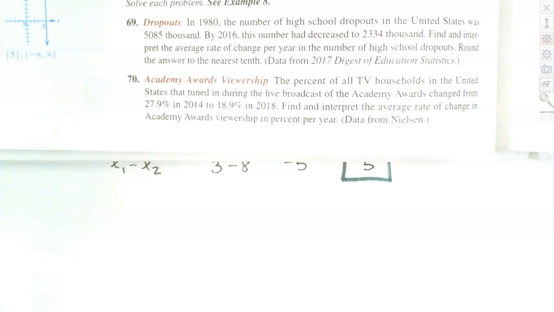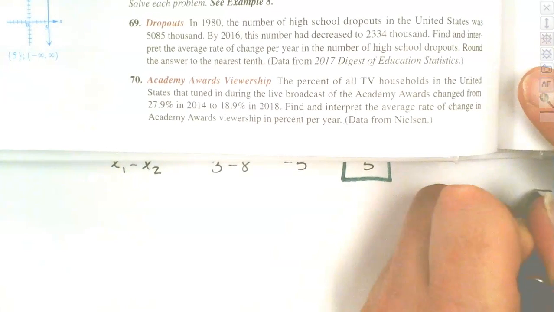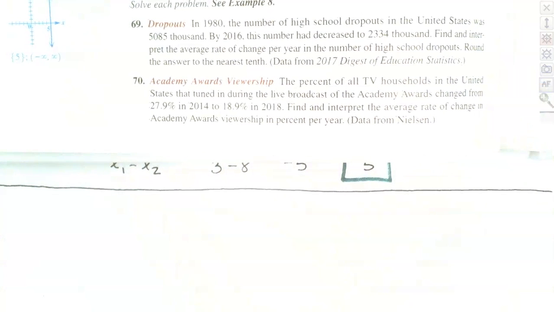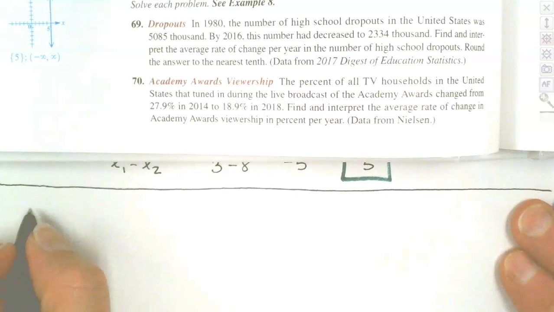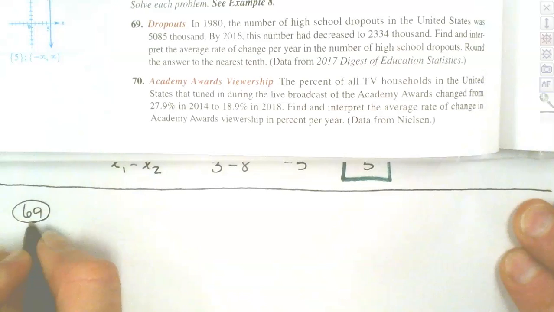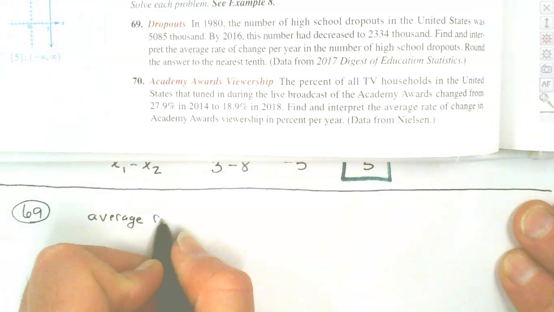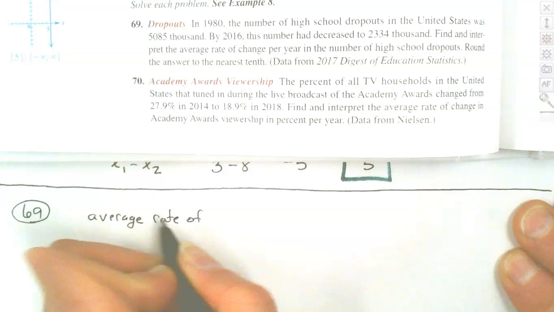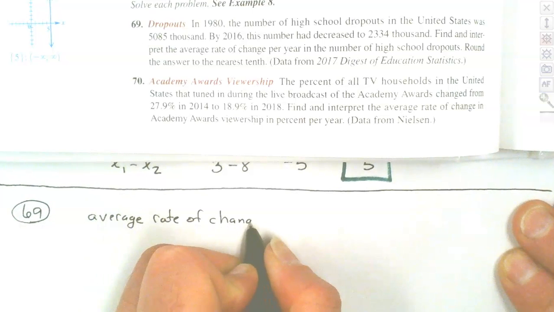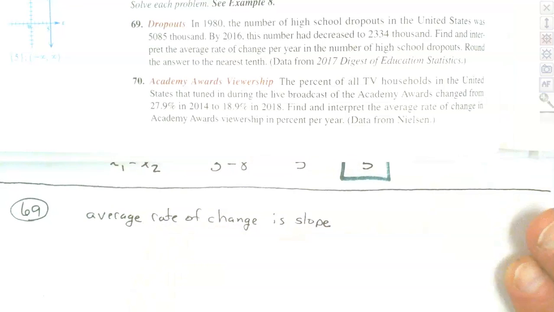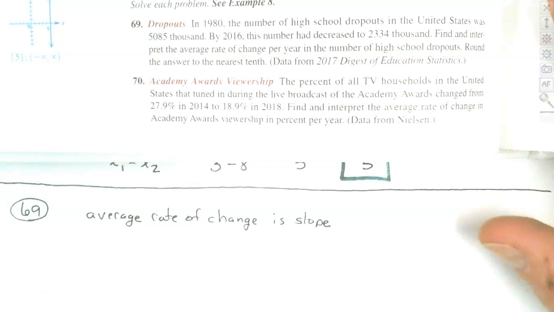So what are we going to look at here? Well, average rate of change, that's a fancy word for your slope. So average rate of change means the slope. And let's come up with our ordered pairs.